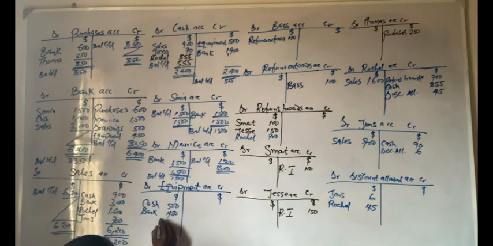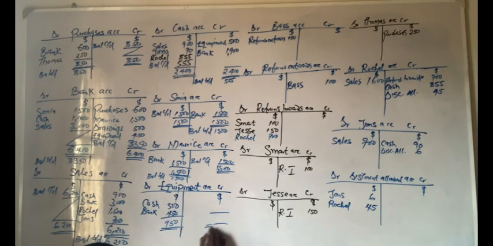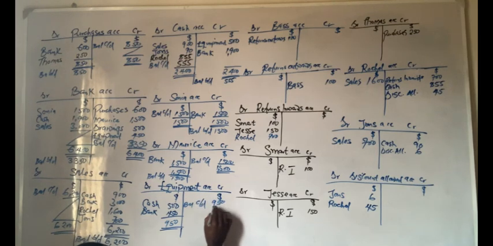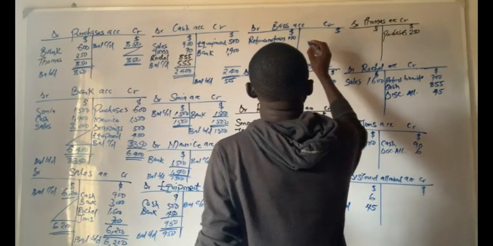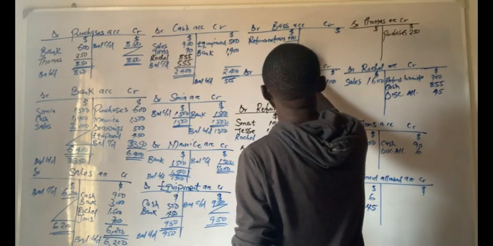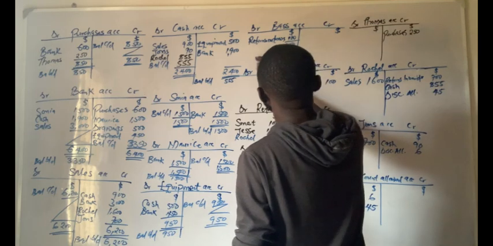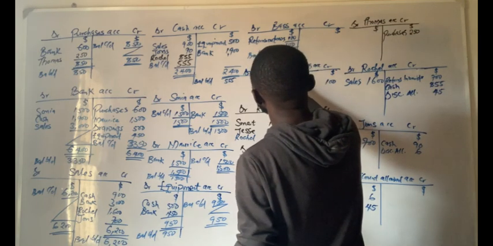So here we have also, here is 950. So total is still going to be 950. Then our balance carried down is 950. Then balance brought down is 950. So this is also 100 as our balance brought down.